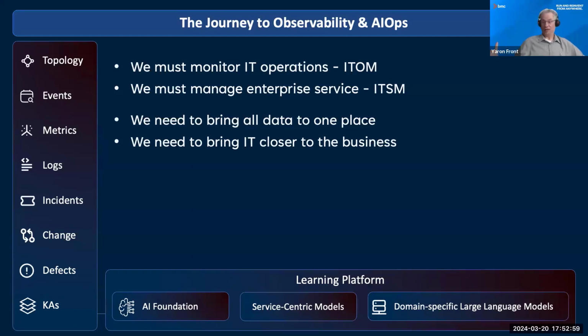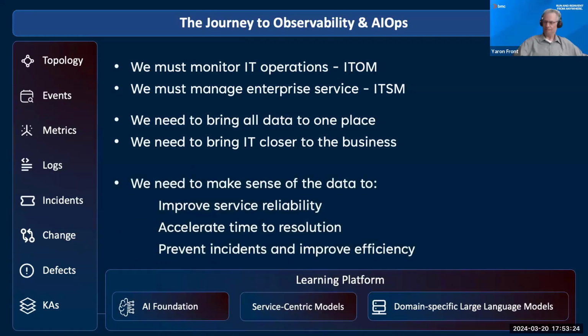So what you actually need is something like an open platform that can take all of this information, bring it in, and that platform's going to need some AI foundation, service-centric models, again, having both sides of the coin, looking at it from an IT perspective and from a business service perspective, and large language models. Again, we're going to go into that in a second.